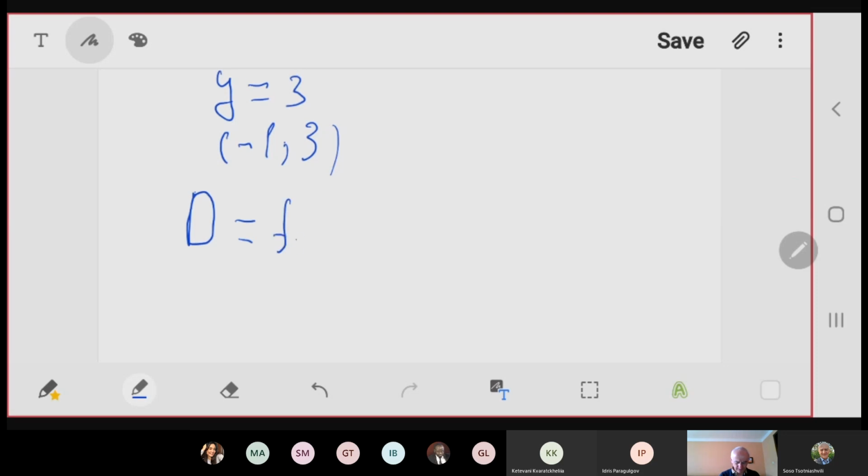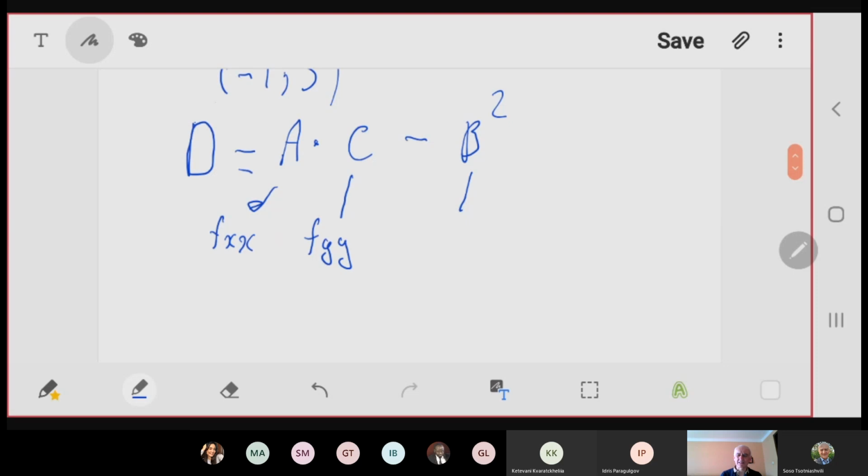So f_xx, and by f_xx, it's the second order derivative respect x, and in the previous class we denoted it by A. So this D is A times C minus B square, where A is f_xx, the second order derivative respect x, C is the second order derivative respect y, and B is a mixed partial derivative.